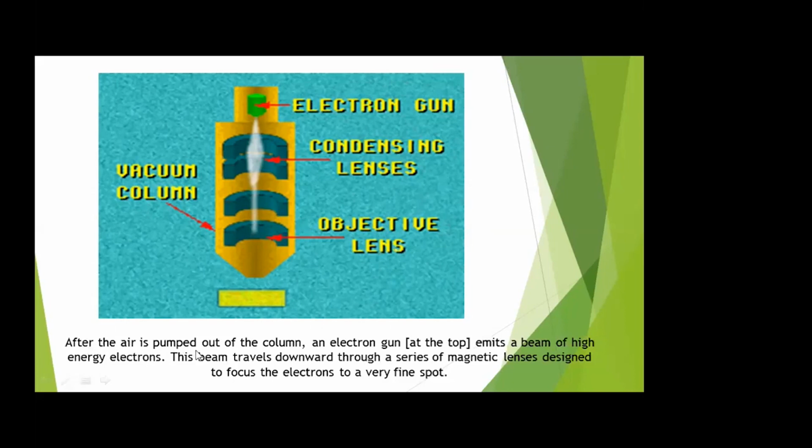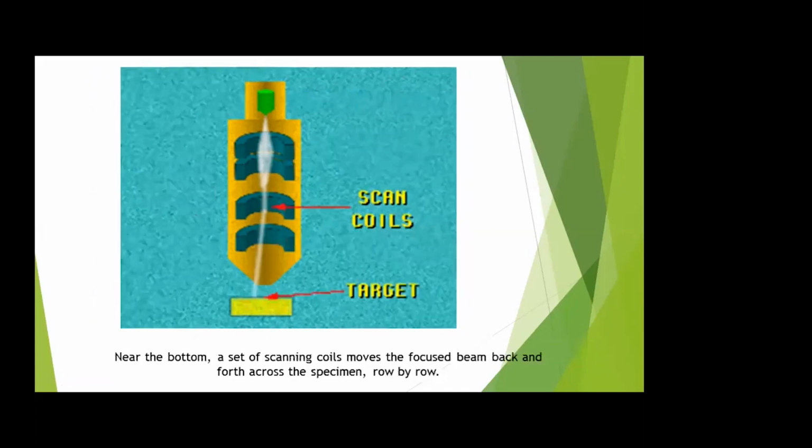After the air is pumped out of the column, because the vacuum state is very, very important in an electron microscope, an electron gun which is present at the top here emits a beam of high energy electrons. This beam travels downwards through a series of magnetic lenses designed to focus the electrons to a very fine spot.